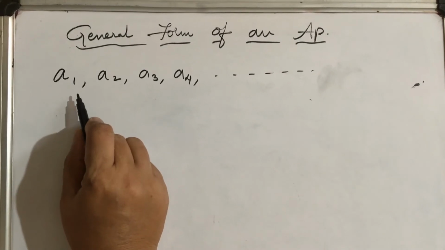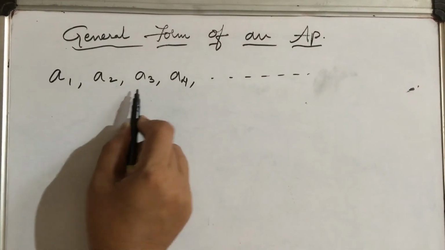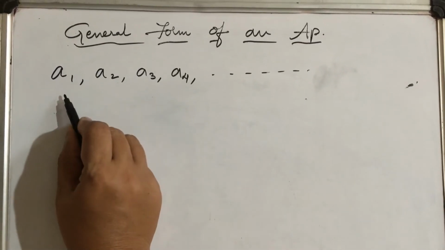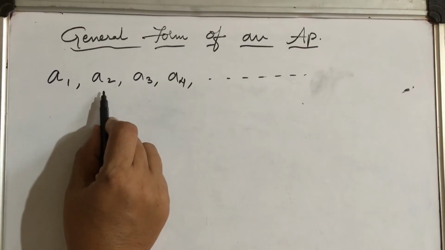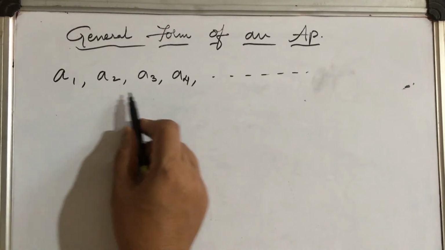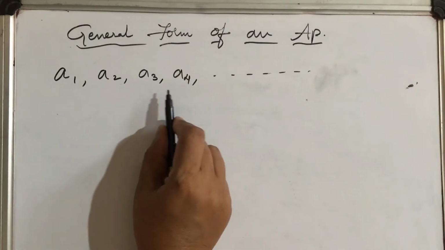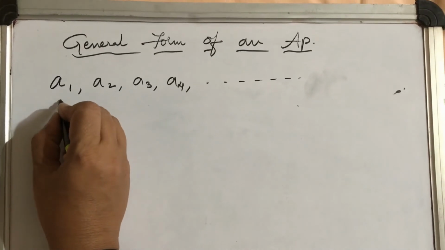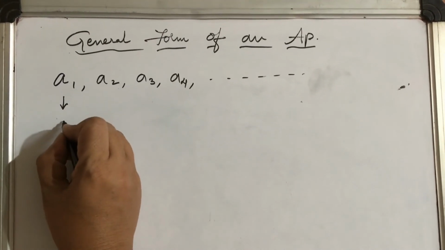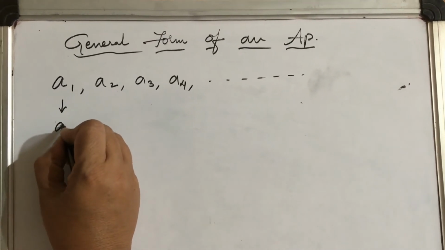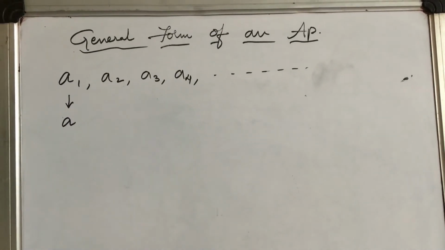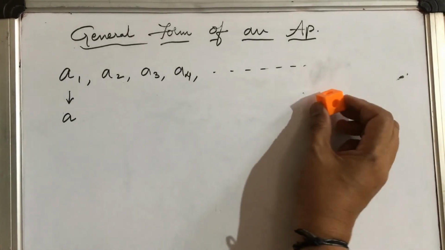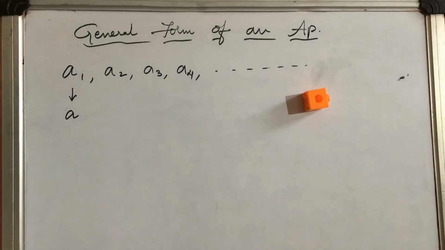Let us take an AP: a1, a2, a3, a4 and so on. In it, this is the first term, a2 is the second term, a3 is the third term, and the fourth term is a4. Now this first term is always said to be a, and let us take this a in orange color.